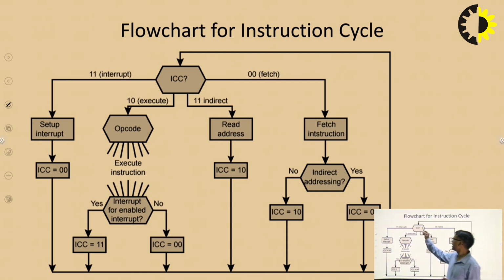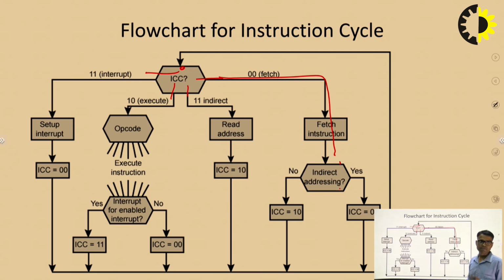We can see here we are starting from here and we can move to any of the steps in the cycle. First is the fetch cycle, where we fetch the instruction. If an indirect cycle happens, because there might be chances that indirect is there, we can go to the 10 and 11 operation. Once the indirect cycle is completed, we go again to the same position.